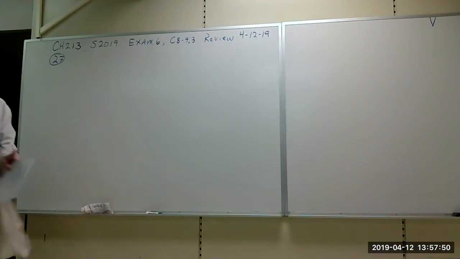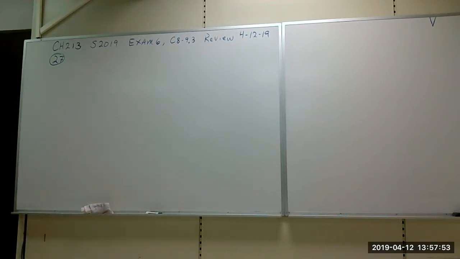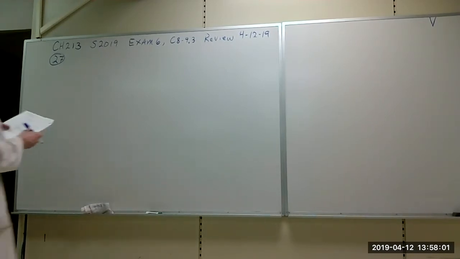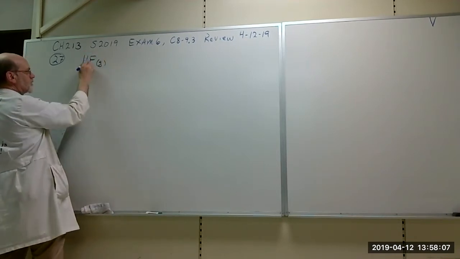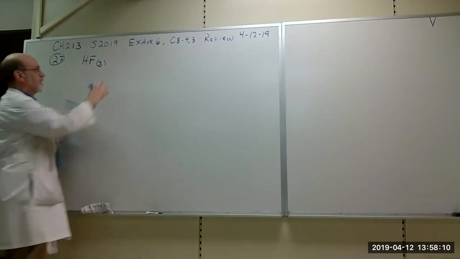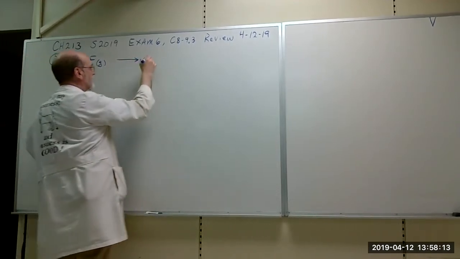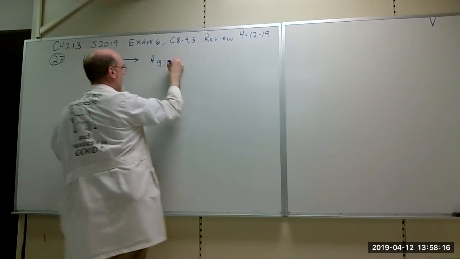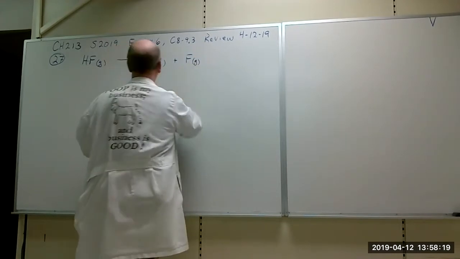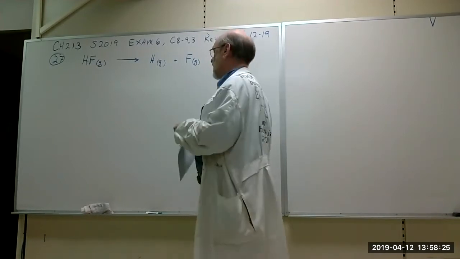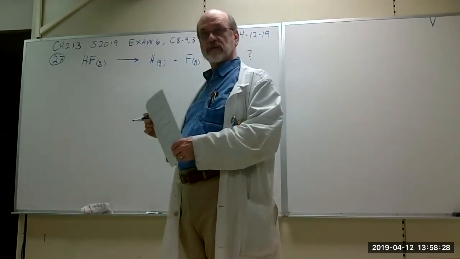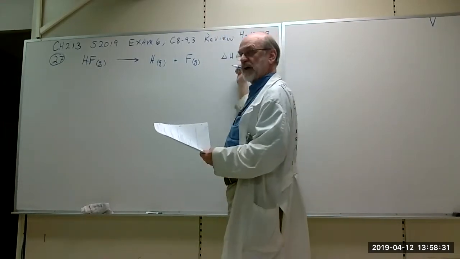So our target equation is this one, which is that bond, and we want to break that bond into individual gas atoms. So it'll be an endothermic process, and we should see this value as positive.